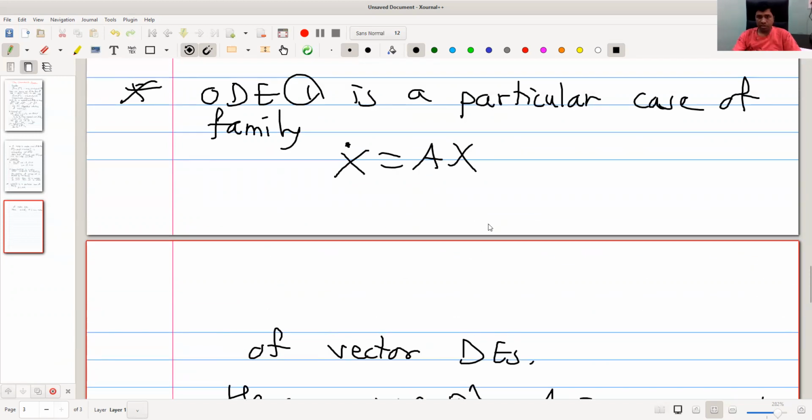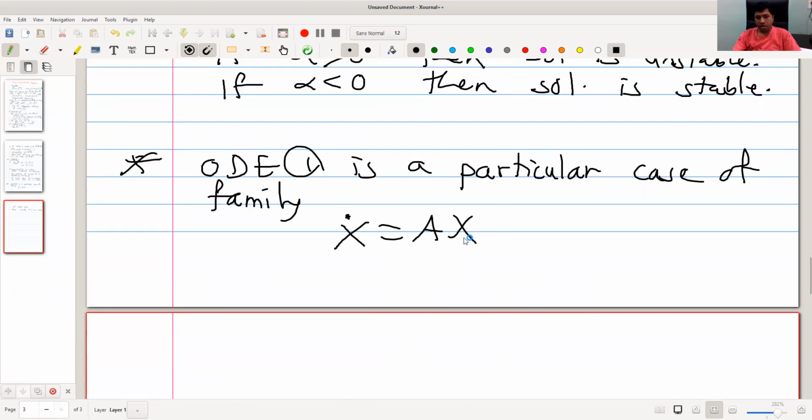So here the characteristic equation is the same as the characteristic polynomial of this n by n matrix.